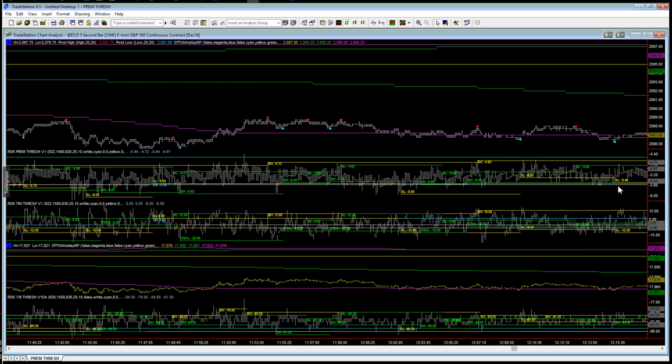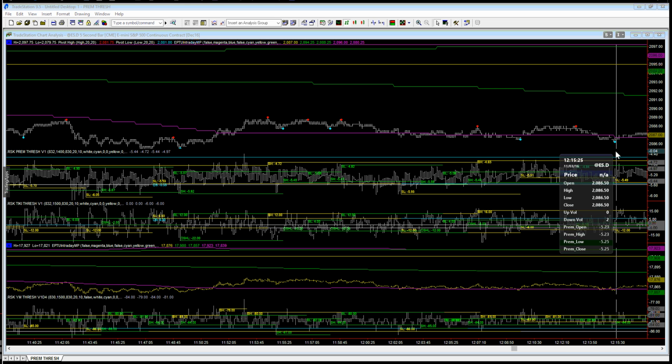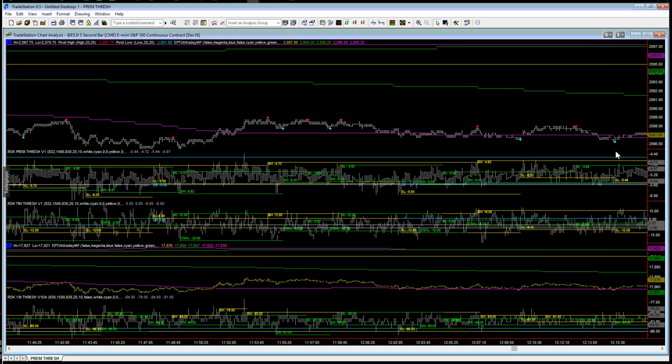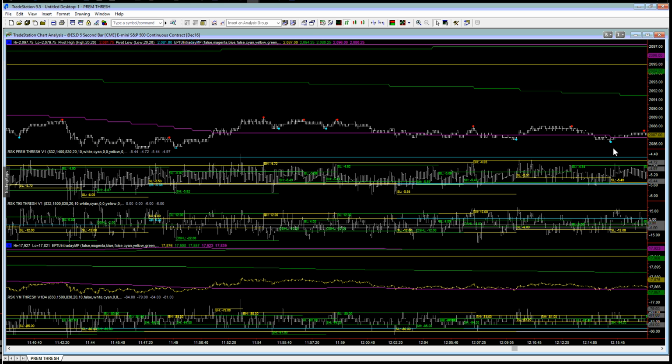Slightly lower price on the premium compared to here. It should be lower, but this is a little lower than you would expect it. Okay, this is a little bit lower here than you would expect it to be. So that kind of suggests, all right, this is likely going to continue on down.